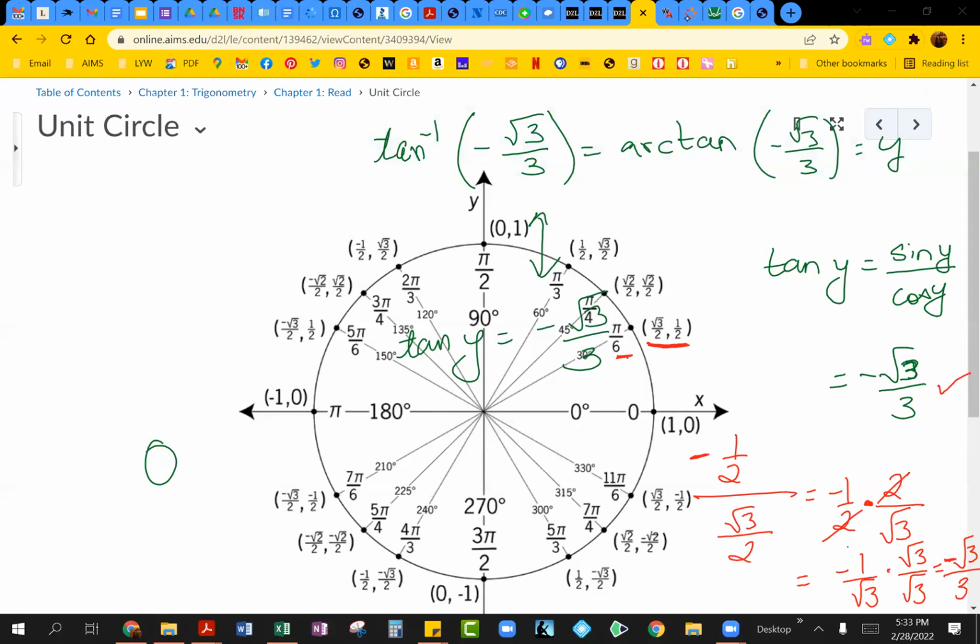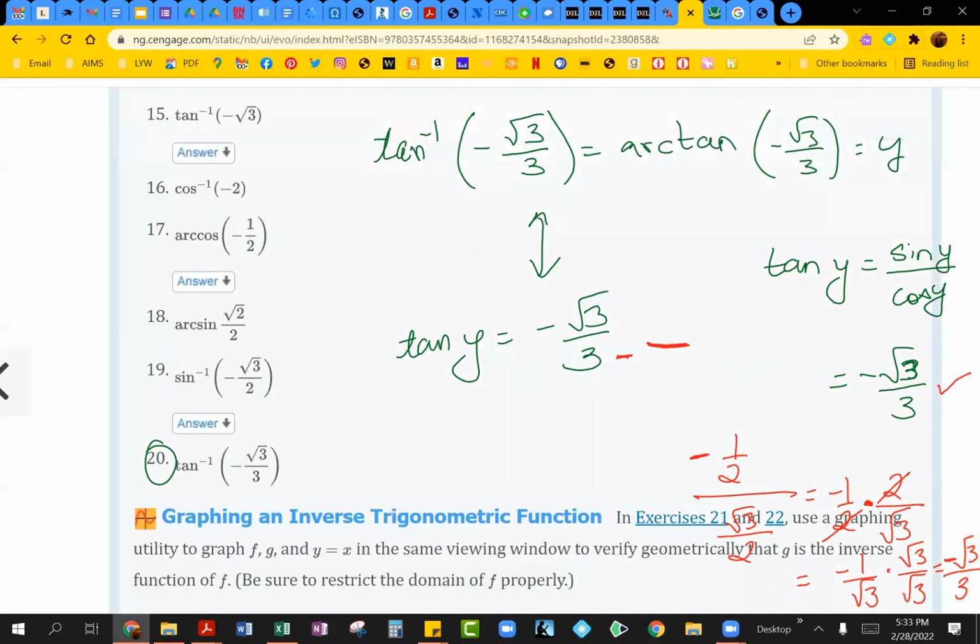well, let's go back to our other screen so I can actually see it a little bit better. So in this case, we would say, well, the y value has to be negative pi over 6, because a y value of negative pi over 6 is the only time we will end up getting negative square root of 3 over 3.